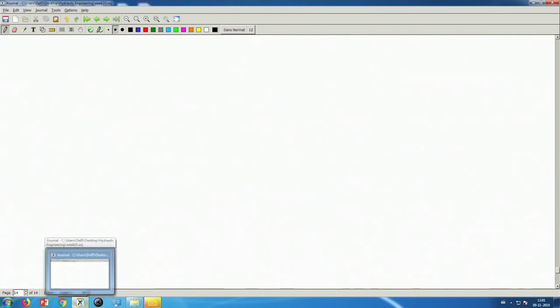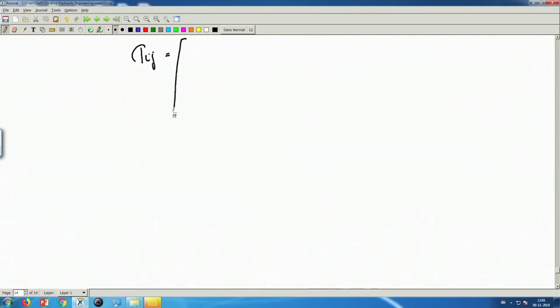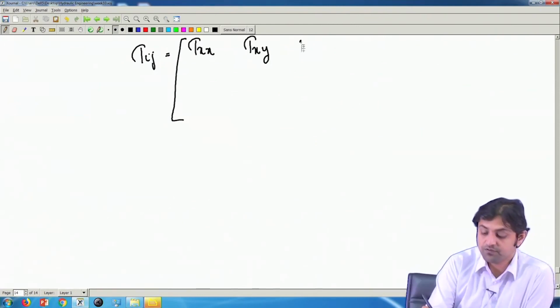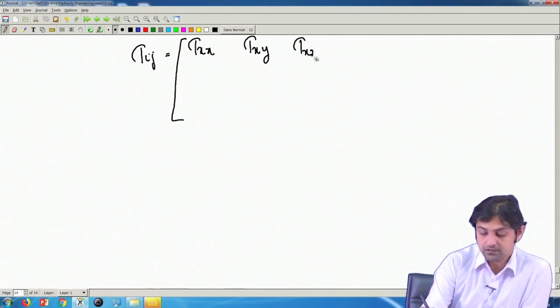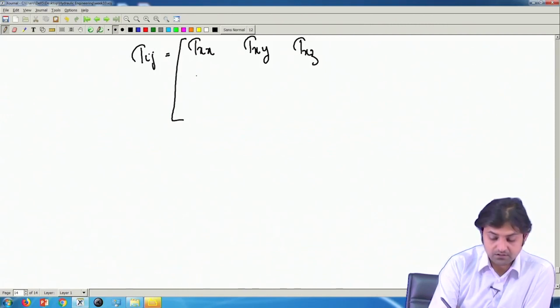So we need to write down tau ij. We actually have written it in that figure, but I will write it down. Tau xx, you remember this similar type of tensor we had formed in the last two lectures.